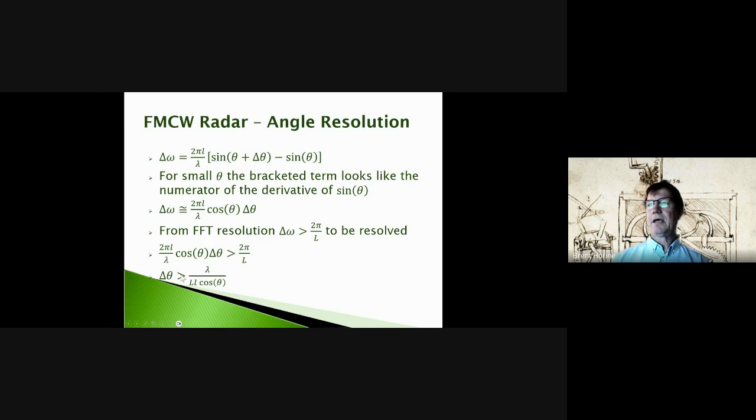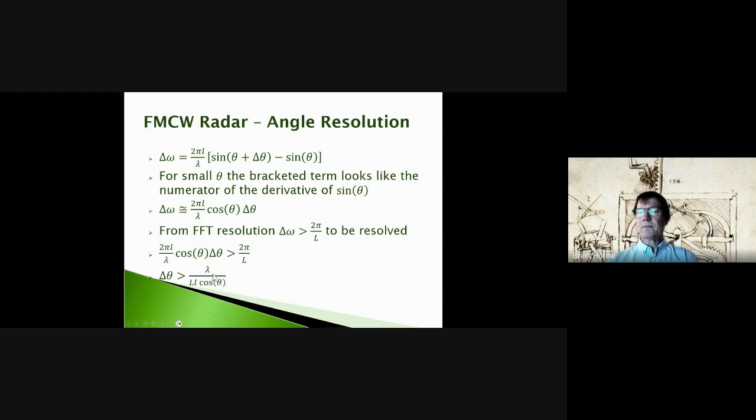If we do a little bit of rearranging, our angle resolution is the wavelength divided by L, the number of elements in the array, times the spacing l, times the cosine of theta.